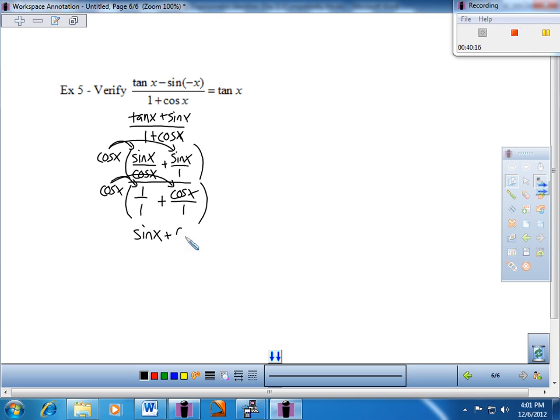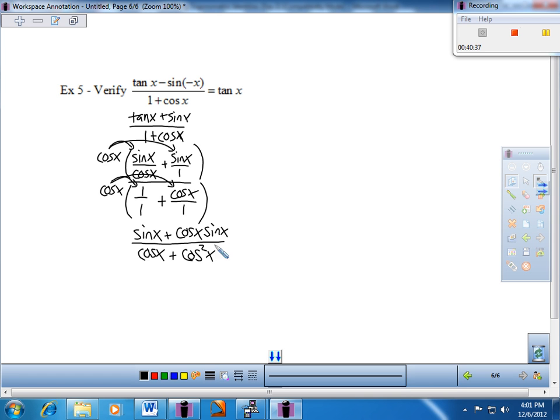Cosine times sine, not much I can do except just say cosine sine. Okay, now over. Let's do it 2 more times here. Cosine times 1. Again, nothing cancels, so cosine times 1 is cosine. And then last here, I get cosine times cosine, which of course is cosine squared.